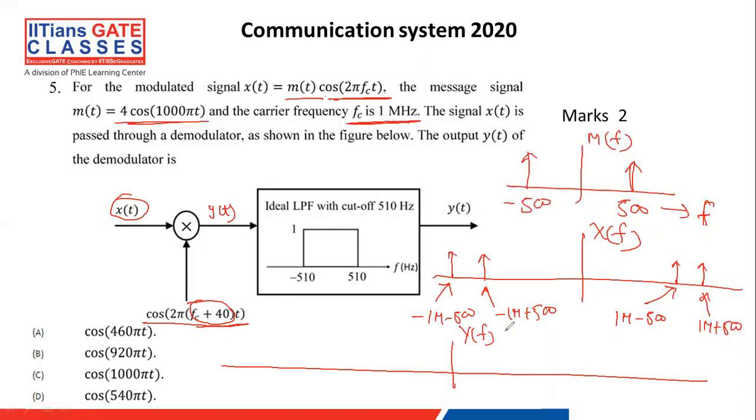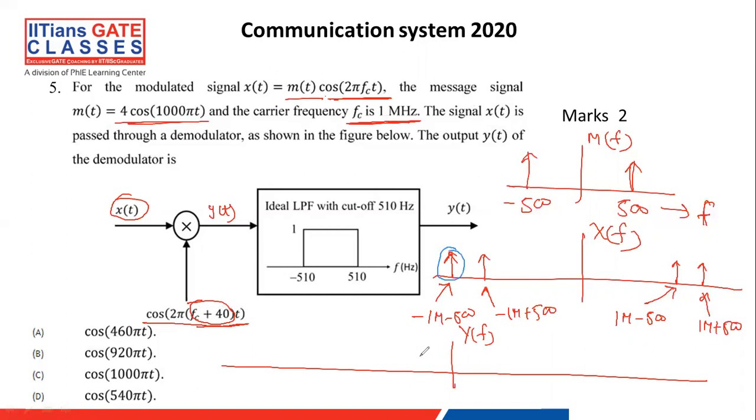Now we have to shift each of them left as well as right by fc plus 40, and fc is 1 megahertz. Okay, so let's first take this one and shift it right by fc plus 40.